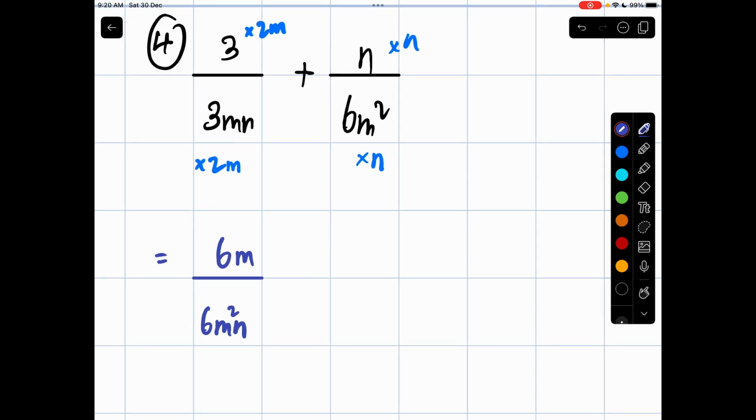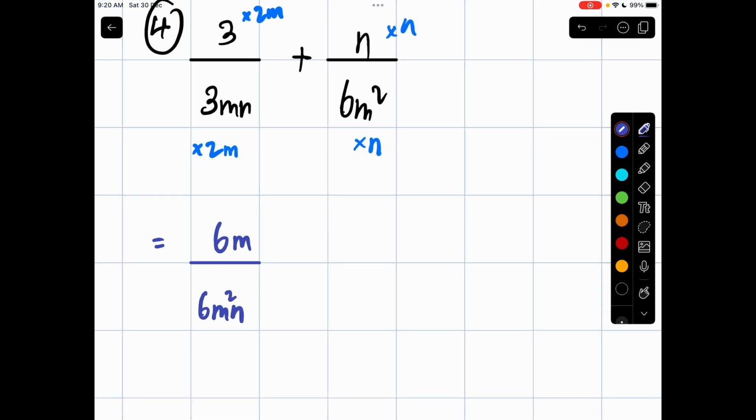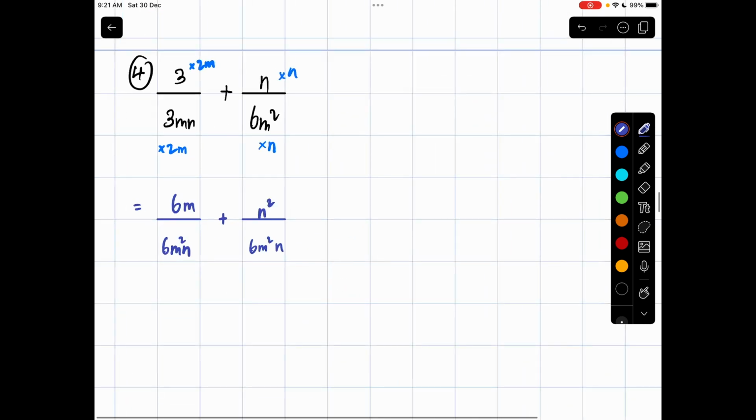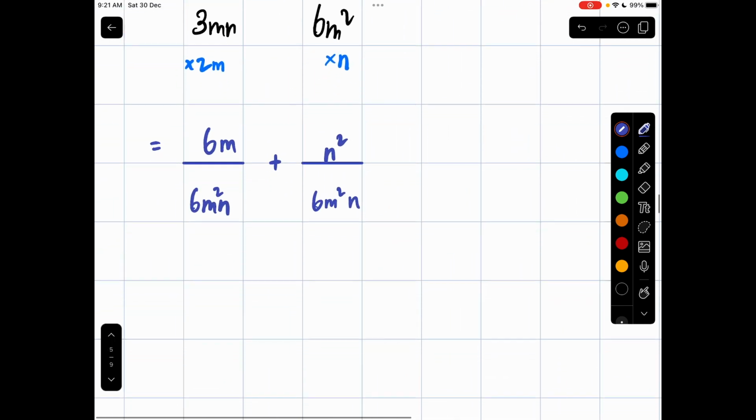Mistakes do happen, and it's important for you to correct the mistakes. 6m squared n. And plus n times n, we get n squared over 6m squared times n, we will have 6m squared n. So now that the denominators are equal to each other, we can put them together.